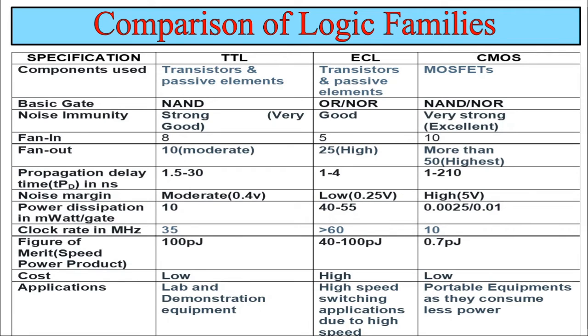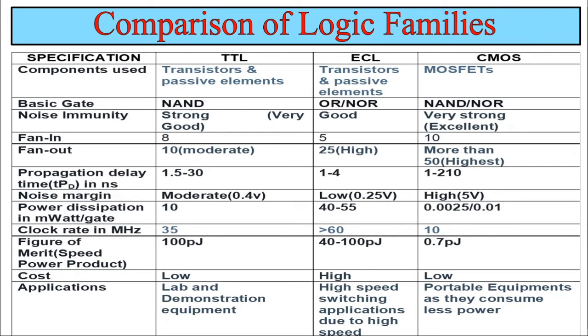Then the next important specification is cost of the family. If you compare TTL, ECL and CMOS, then the cost of TTL is very low as compared to ECL, and the cost of ECL is very high, and cost of CMOS is also very low.